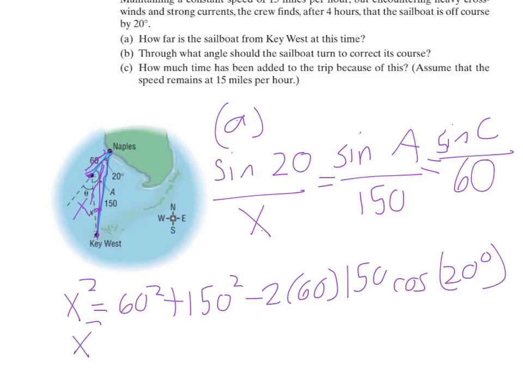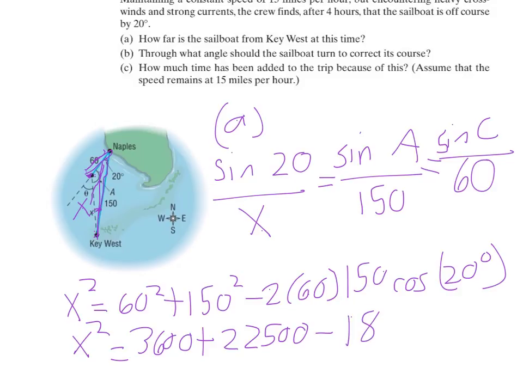So x squared is equal to 3,600 plus 22,500 minus 2 times 60 is 120 times 150.